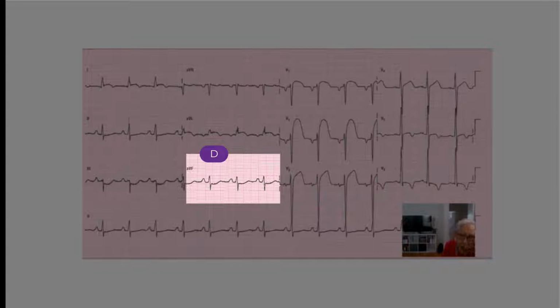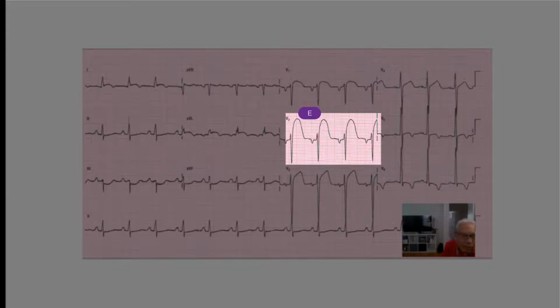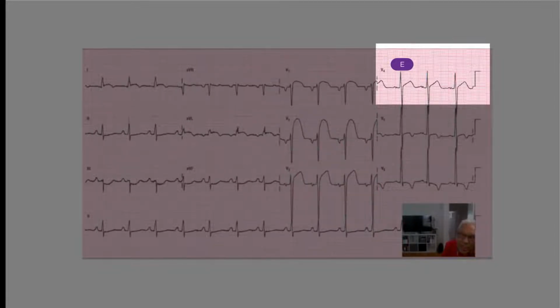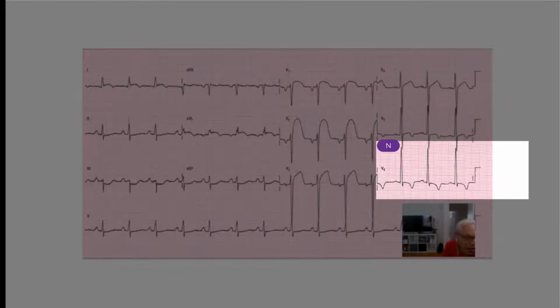AVF is depressed. V1 is elevated. V2 is elevated. V3 is elevated. V4 is elevated. V5 is normal. And V6 is normal.